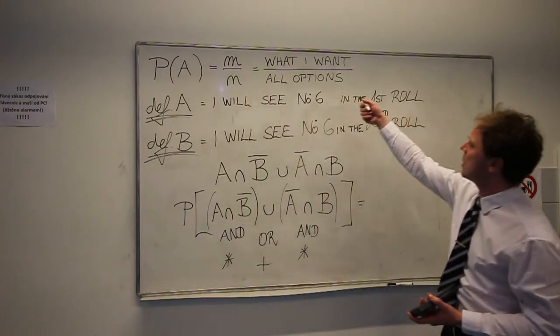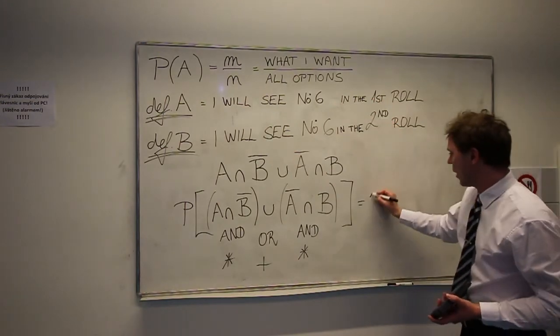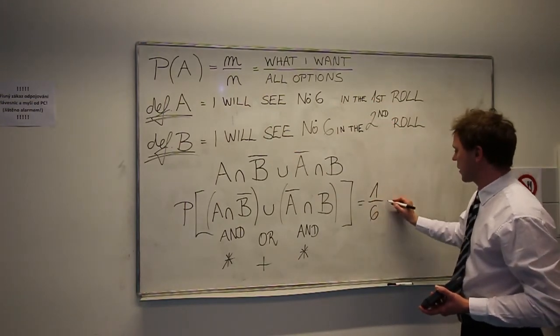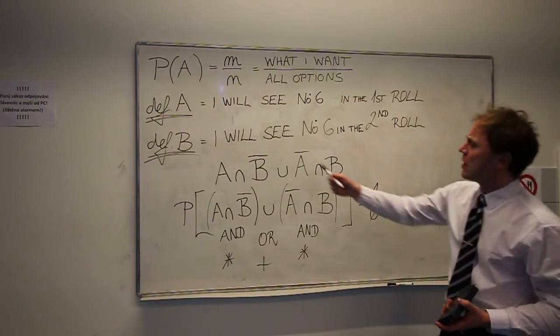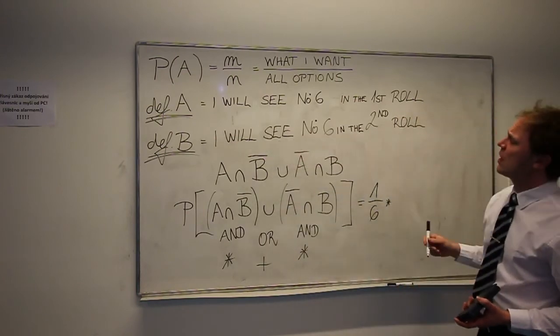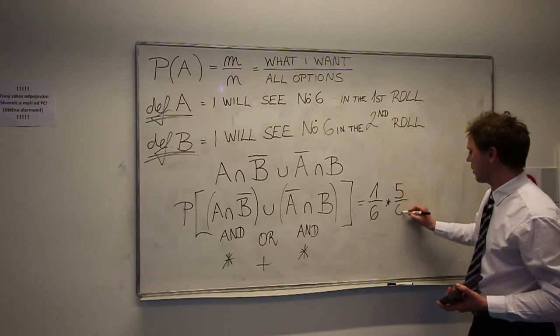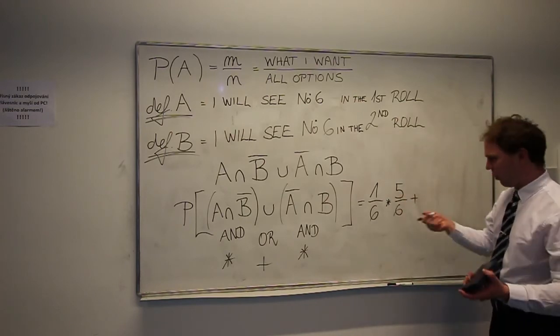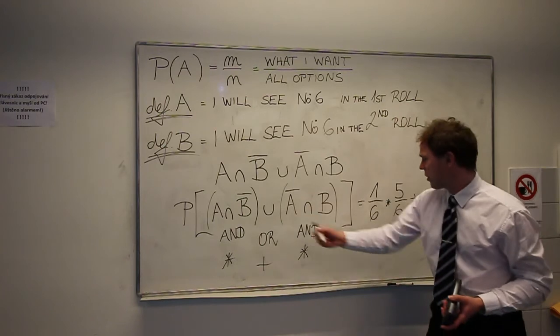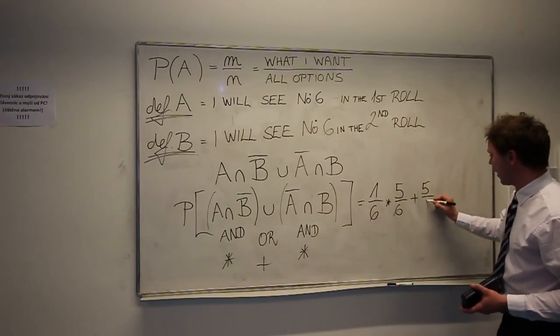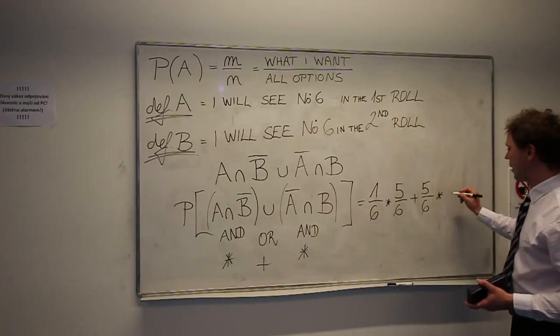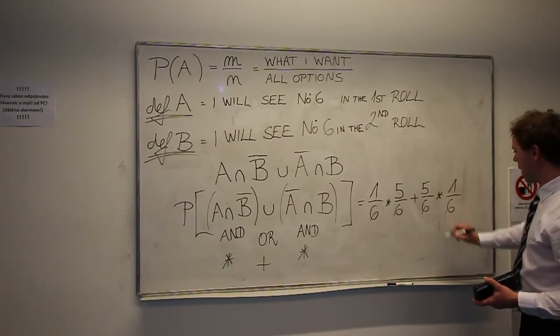I will see value 6 in the first row, 1 divided by 6, and I will not see value 6 in the second row, so times 5 divided by 6 plus OR function A known, 5 divided by 6, and 1 divided by 6.